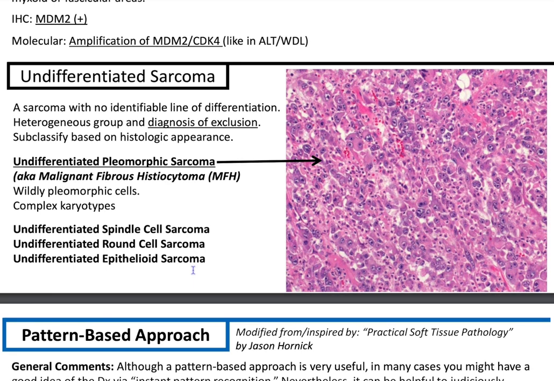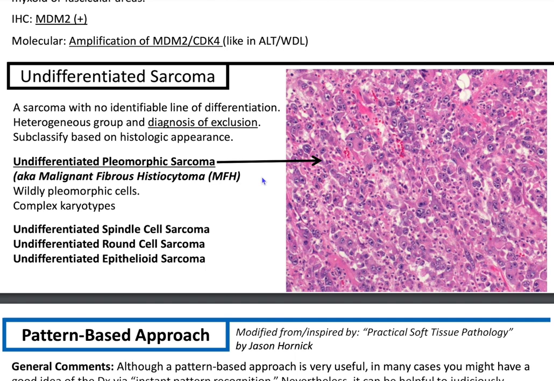Undifferentiated sarcoma. This is a sarcoma with no identifiable line of differentiation. Remember, we talked about our pleomorphic liposarcoma? We can see that line of adipocytic differentiation, and that's why it's called a pleomorphic liposarcoma. But in undifferentiated, you don't see any line of differentiation.